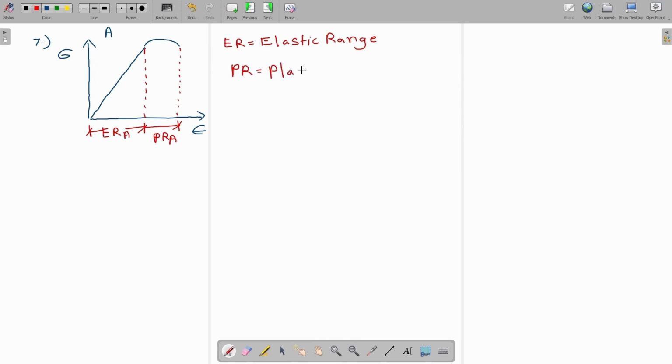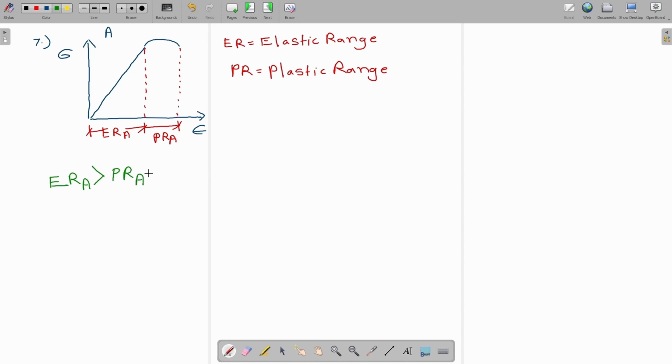Plastic range. Okay. Now here we can see that the elastic range of A is greater than the plastic range of A. Okay. From the diagram it is clear. The elastic range of A is greater than the plastic range of A.